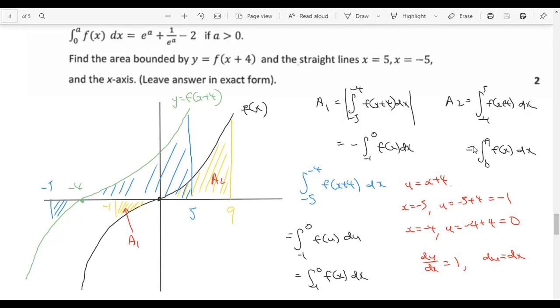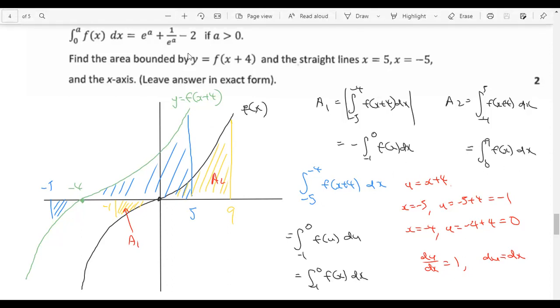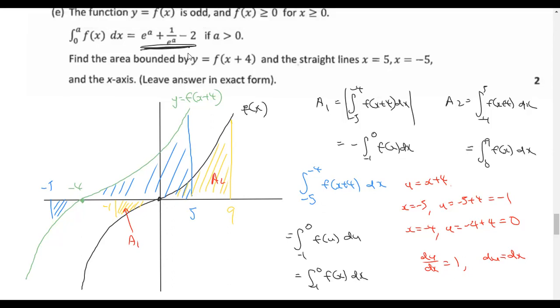That we do know. So once you have figured out those limits, you could have just used substitution to do the transformation and not rely on the graph. All you need to do now is use this idea, work out the two independently based on what they've given you up here, and do the arithmetic.